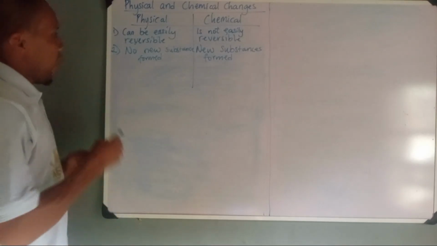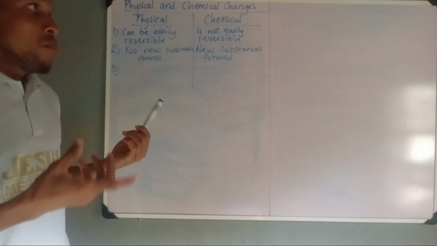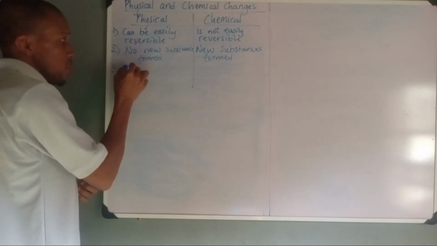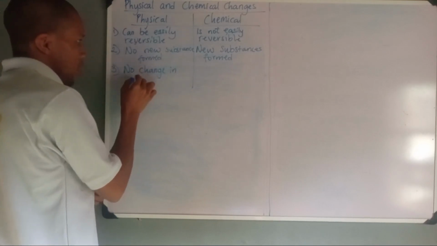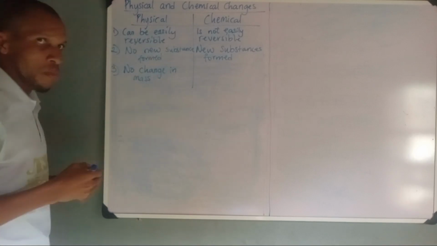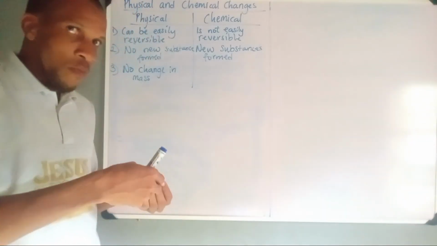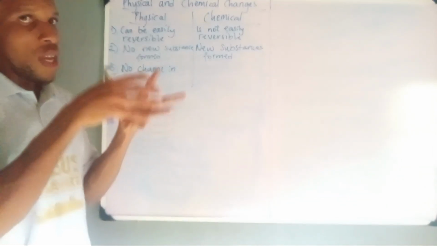Okay, now another thing I need us to understand is this. No new substance formed means no change in mass. Now some of you might be wondering, what exactly is mass? Well, this is the quantity of matter that makes up an object. Let me scale it up a bit.